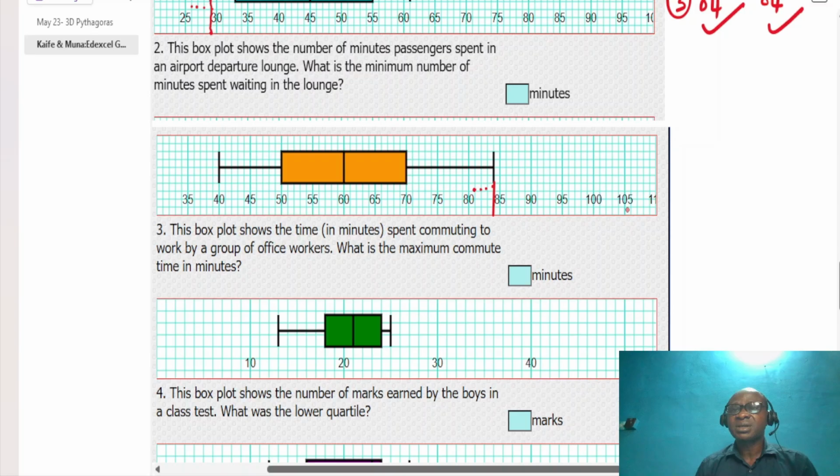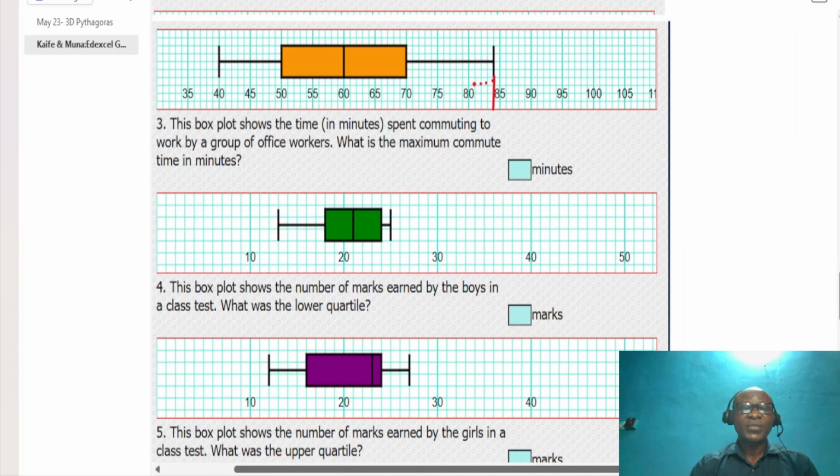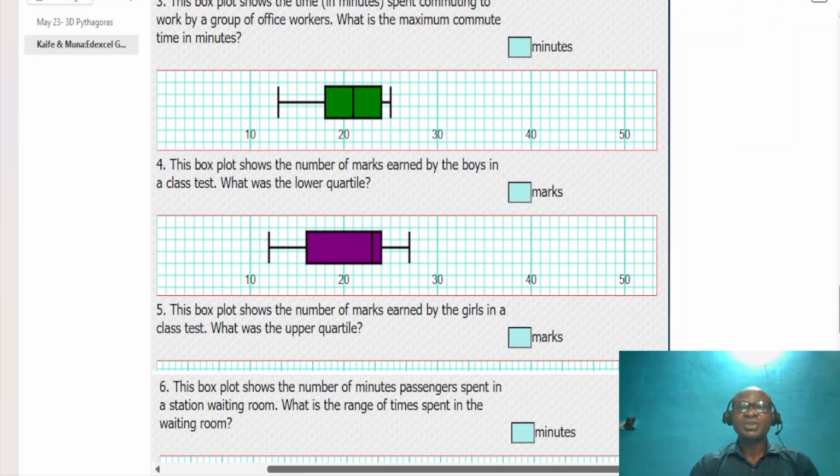Mark it. Taife, you give me your answer first to number four. I will scroll it up very well. Number four, we asked what is the lower quartile? Taife, what is the lower quartile to you?